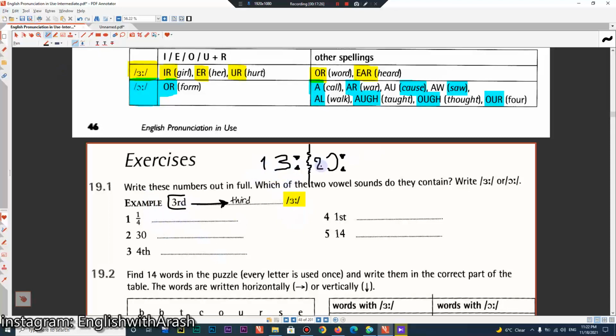Let me change them to A and B, I think it's better because we have numbers here too. So this is A if you want to answer in the chat, and this is B. In the chat you can type A or B to answer this question.